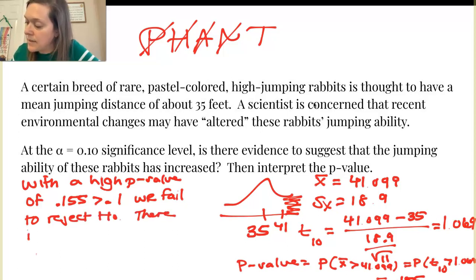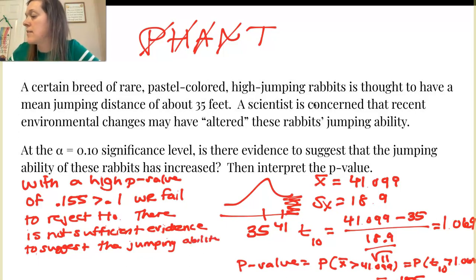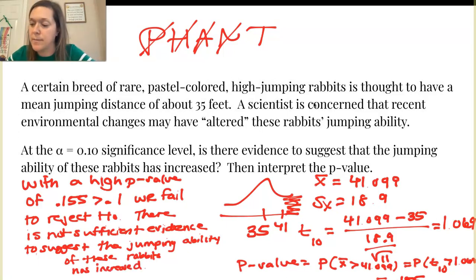There is not sufficient evidence to suggest the jumping ability, and just kind of restate the question, the jumping ability of these rabbits has increased. All right, hopefully your handwriting's better than mine.